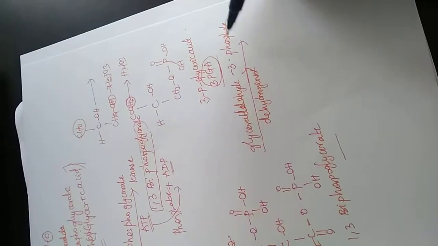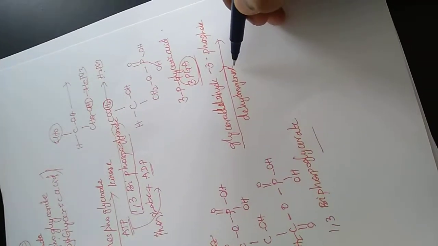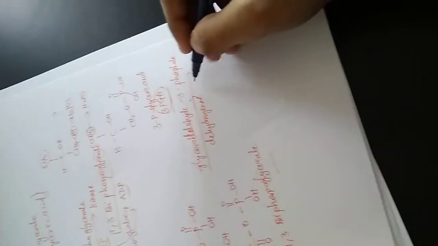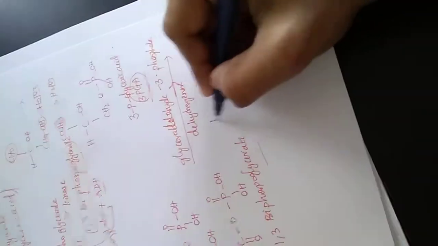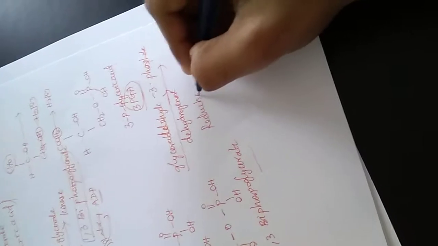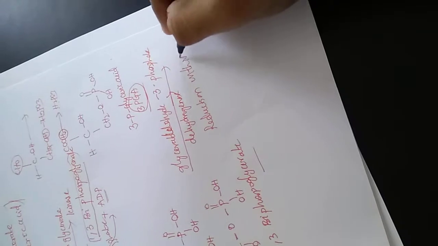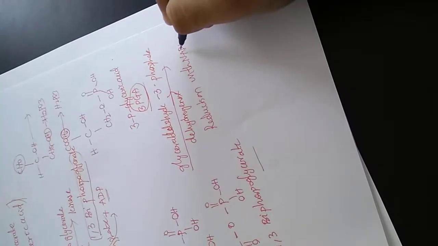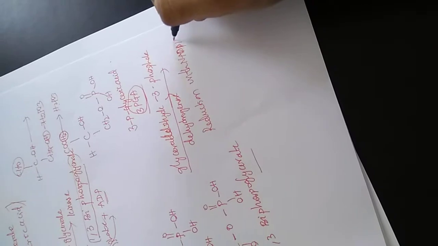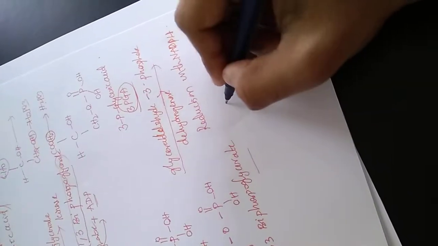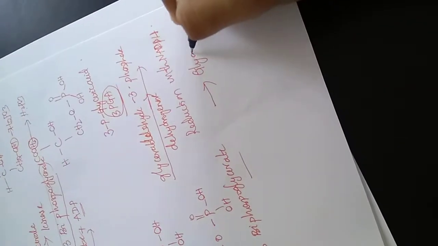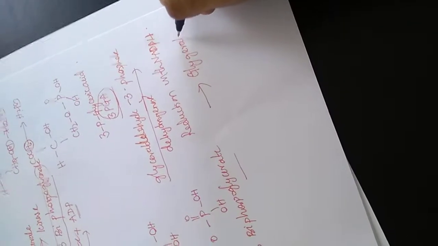Glyceraldehyde 3-phosphate dehydrogenase is an enzyme that basically catalyzes the reduction with NADPH. And this forms glyceraldehyde 3-phosphate. So let me tell you how this happens.